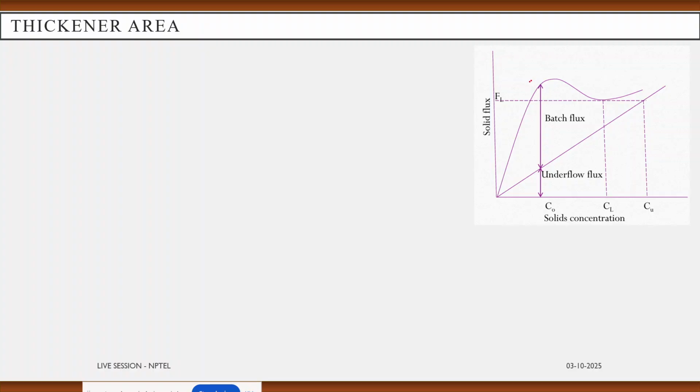So the solid flux that we have discussed in the last slide, there is batch flux and there is underflow flux.